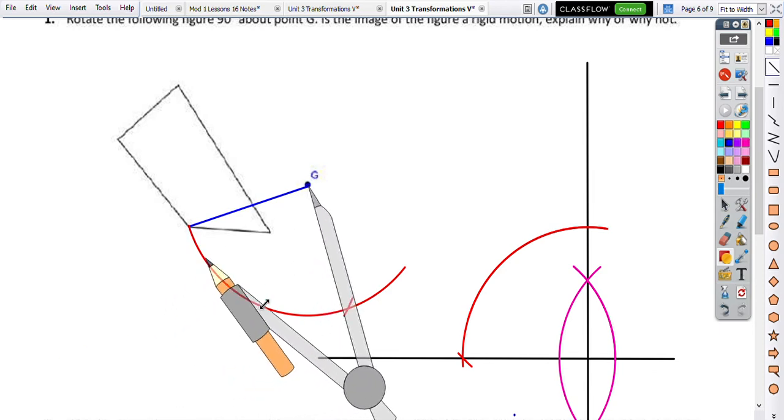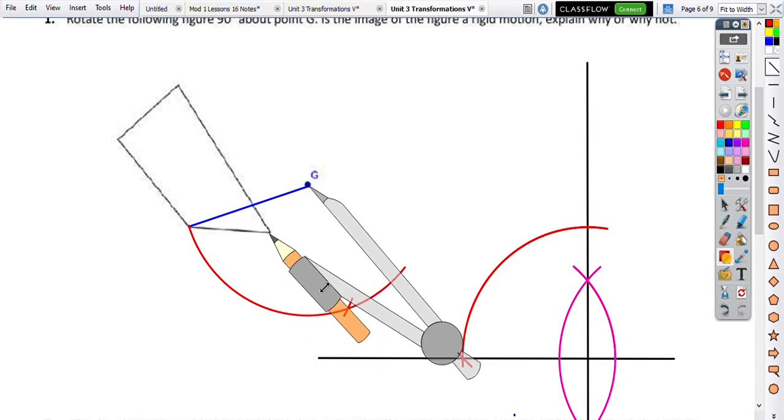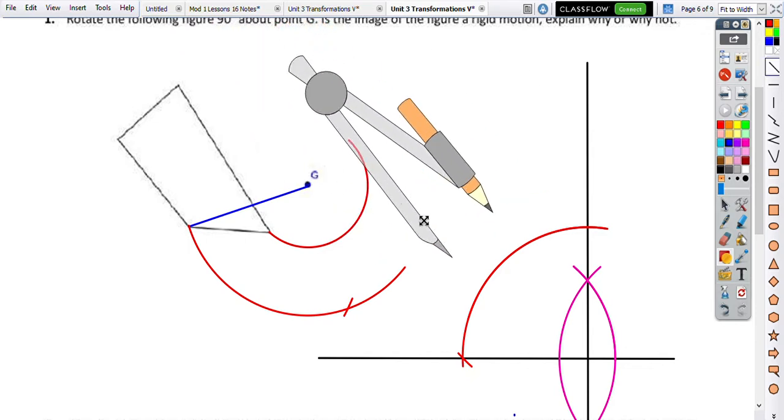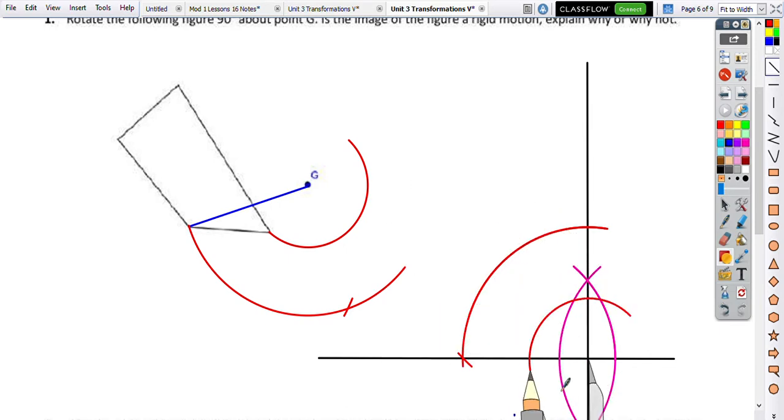So place your compass on G, pencil goes on the point we want to rotate, spin that around, go over to your angle, copy that distance, copy that arc, and if you want to draw your line, you can. So this is the ray we're going to copy.